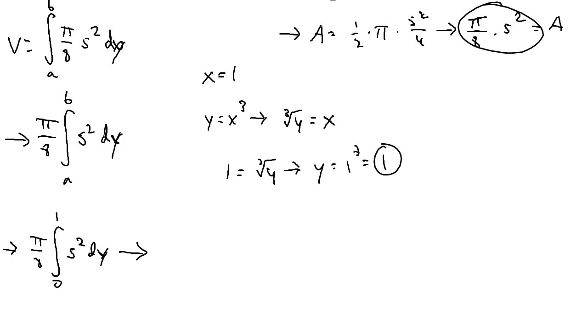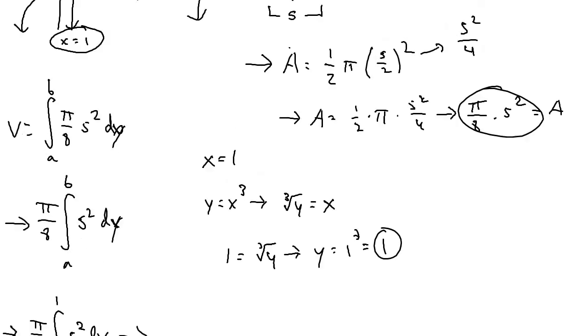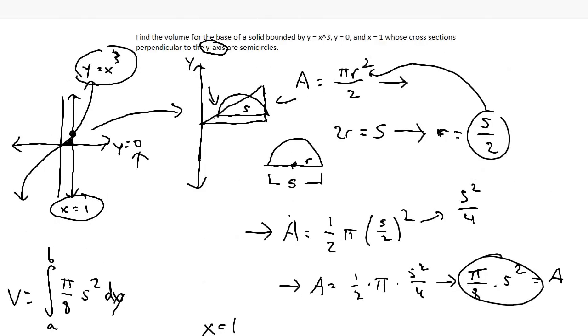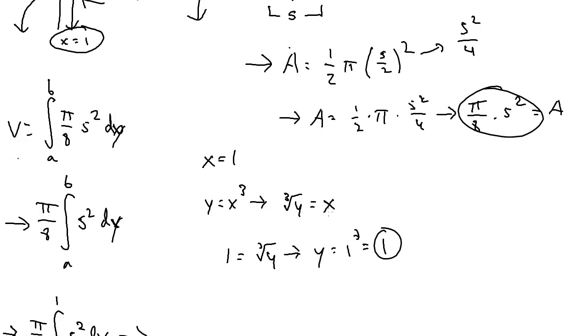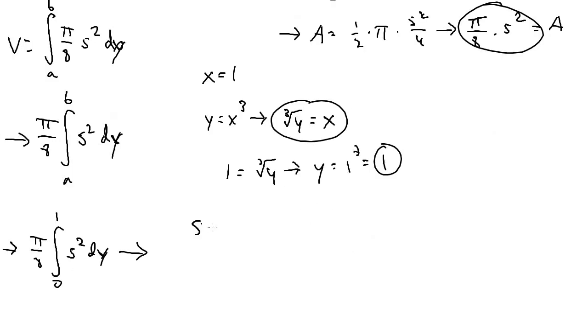Since s is the cross-sectional length of the base, we just need to do right curve minus left curve. The right curve is going to be x equals 1, and the left curve right here is going to be x equals the cube root of y. So s is going to be right curve minus left curve, so 1 minus the cube root of y.